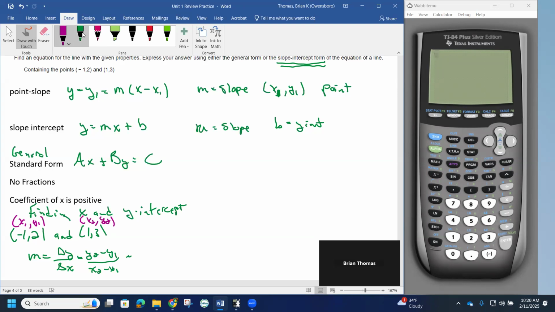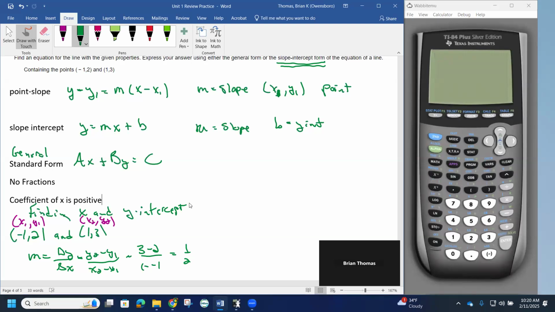The change in y is 3 minus 2, and the change in x is 1 take away -1. So 3 minus 2 is 1, and 1 take away -1 is the same thing as 1 plus 1, which is 2. So my slope is 1/2.